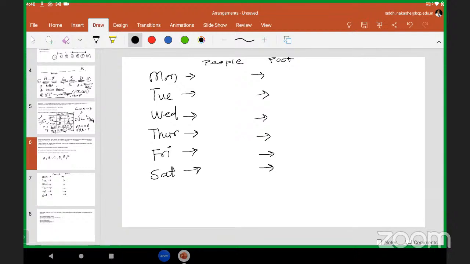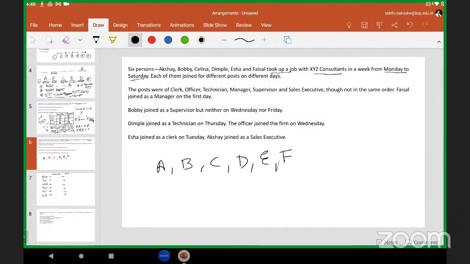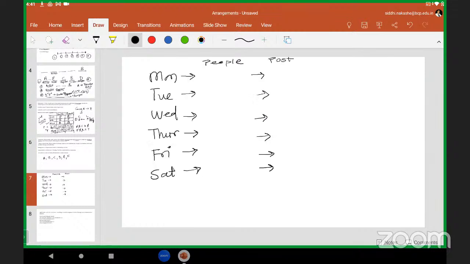So we'll move forward with the conditions. So there were different posts, that is clerk, officer, technician, manager, supervisor, sales executive, not in the same order. Now Faisal joined as manager on the first day, which means Faisal joined on the first day, that is Monday, and he joined as a manager.